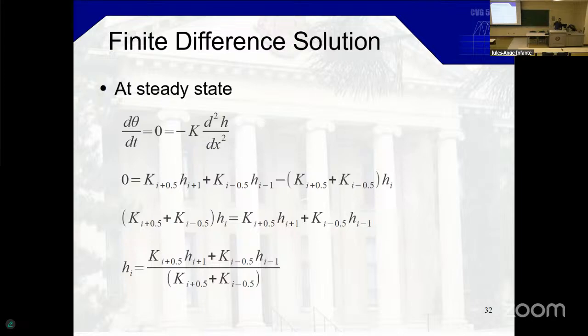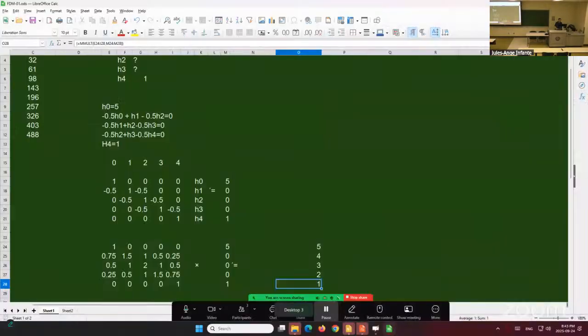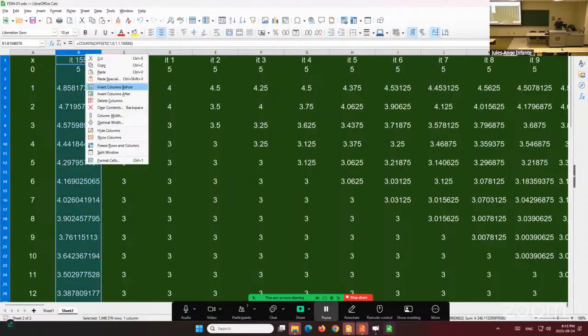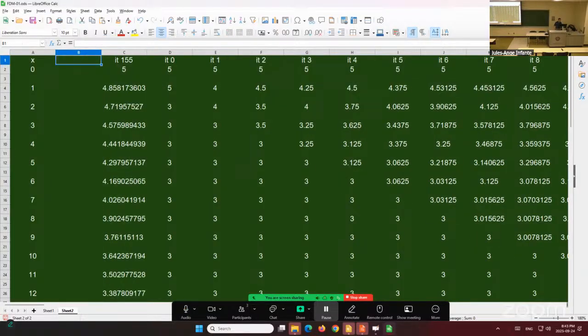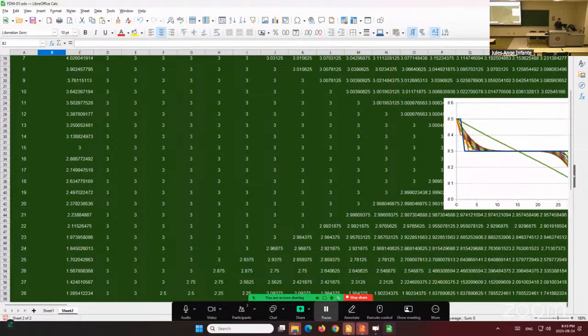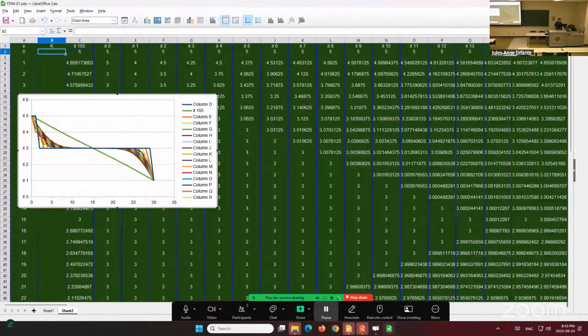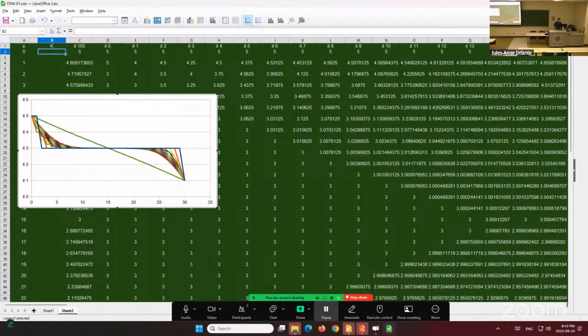To get to steady state, you can do it again, you can do it at once. We'll do it both ways just to see how fun it is. And we'll do it with multiple steps. So we'll add a value for K. We don't necessarily need the legend.